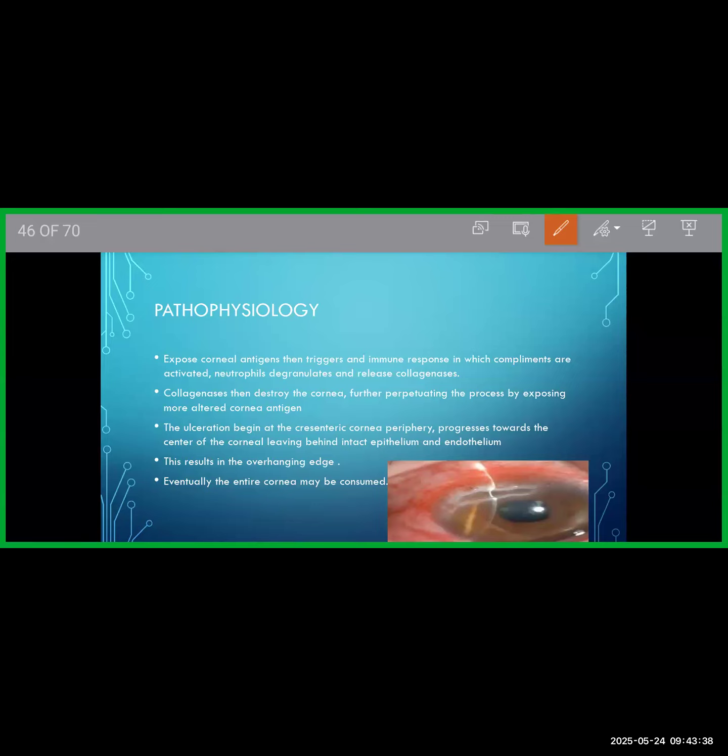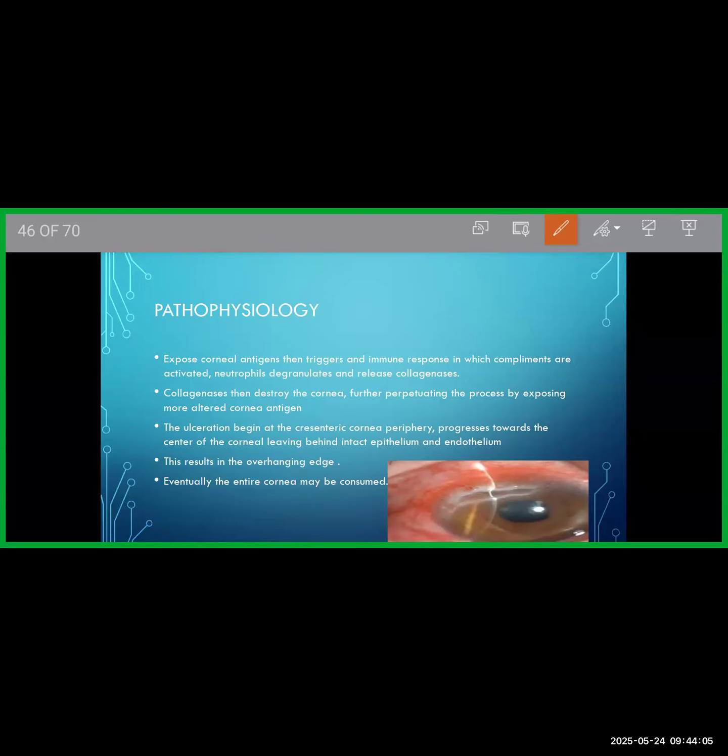The ulceration begins at the peripheral cornea and progresses towards the center of the cornea, leaving behind an intact epithelium and endothelium. I think the point here is that in Morin's ulcer, the endothelium is usually intact, and the epithelium of the cornea, resulting in what is called the overhanging edge.